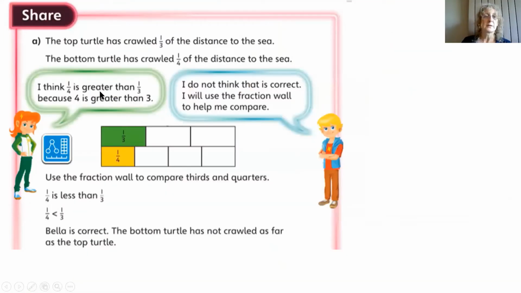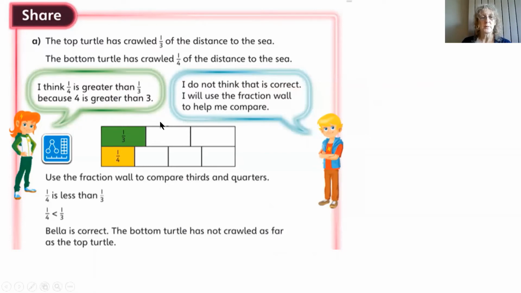Let's have another one. It looks like here. We can see the third here and the quarter there. So that helps us. So let's have a look. I think 1/4 is greater than 1/3 because 4 is greater than 3. Well, she's right. 4 is greater than 3. But remember, we're looking at fractions and not whole numbers.